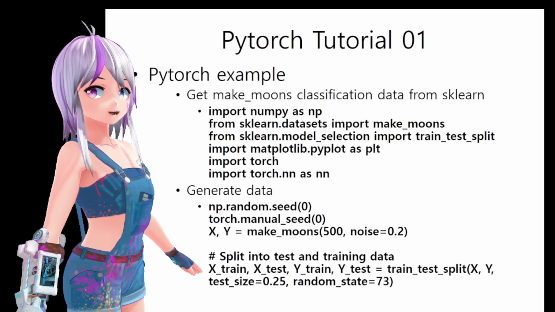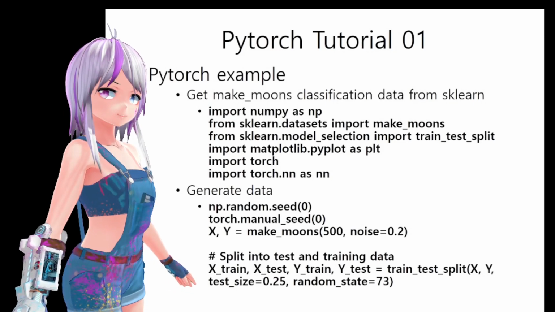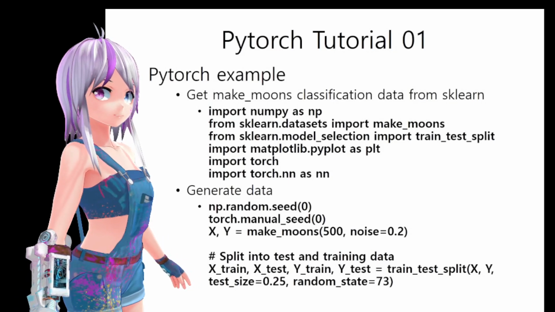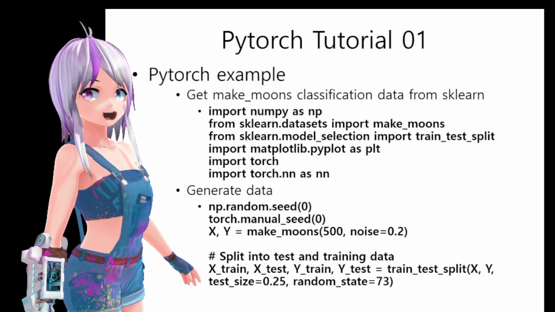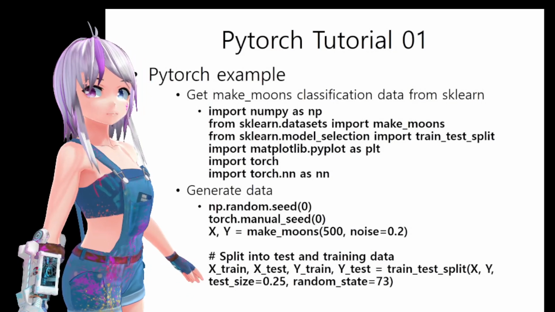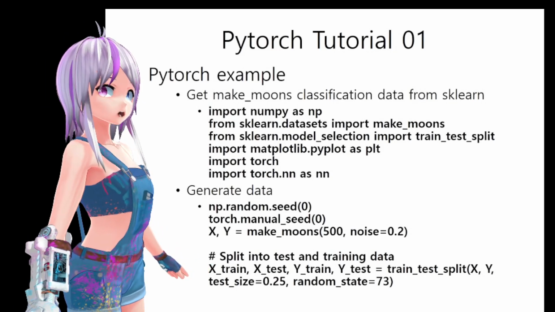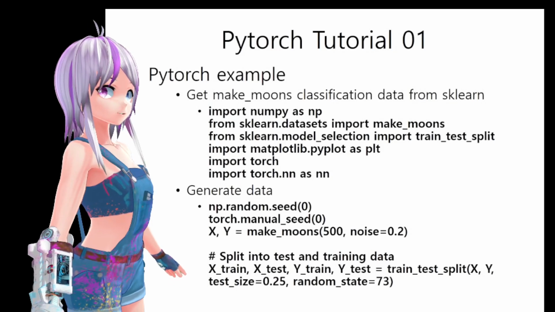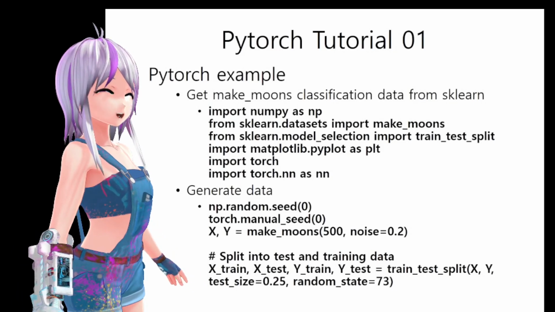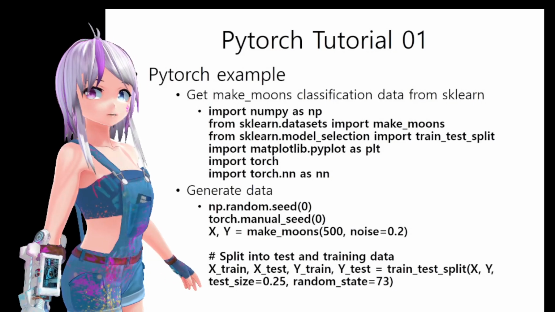And you also have this noise 0.2 included in the data set, 500 of them. And as you see in the comment over there, split into test and training data. So we have training data and test data for both x and y position. Okay, so in the xy plane, it's two-dimensional data, so you can use that test size at 25%.